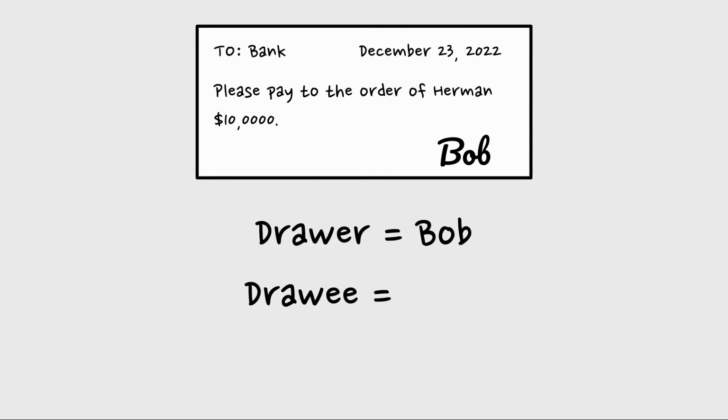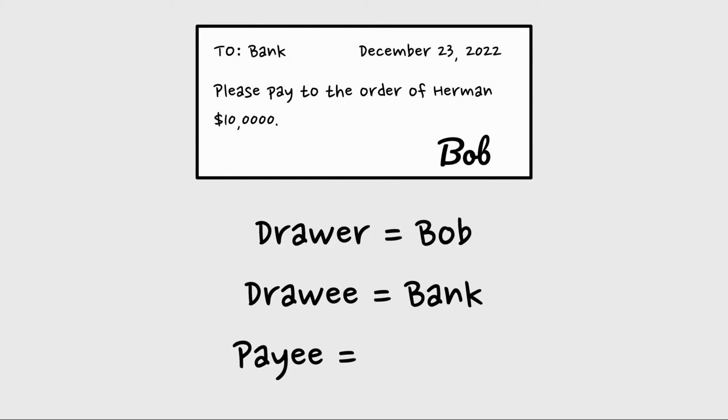A draft is a check if the drawee is a bank. If the drawee is something other than a financial institution like a bank, then it is not a check, as it's some other kind of draft. It could still be a draft, but it is not considered a check.